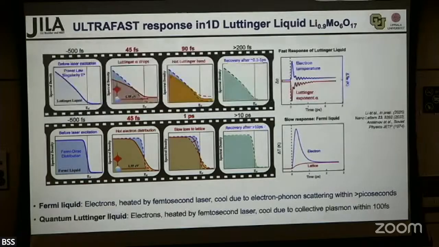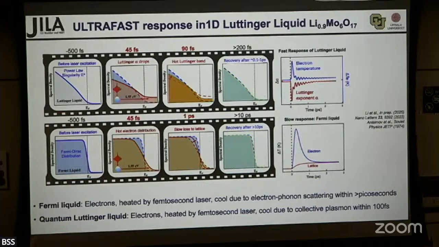And in the Luttinger liquid, we start with our Luttinger distribution. Then we excite the electrons, and we can measure that there's a hot Luttinger distribution established within 90 femtoseconds, and recovery about 10 times faster than in a Fermi metal. And not only that, but we can measure the Luttinger exponent alpha, and the electron distribution oscillates with a characteristic frequency.